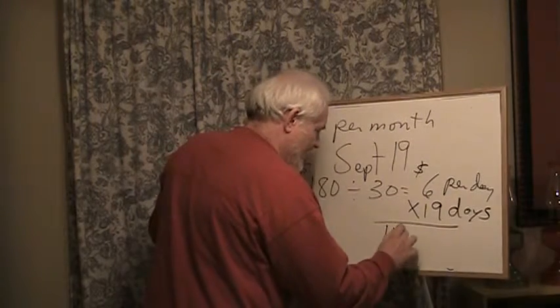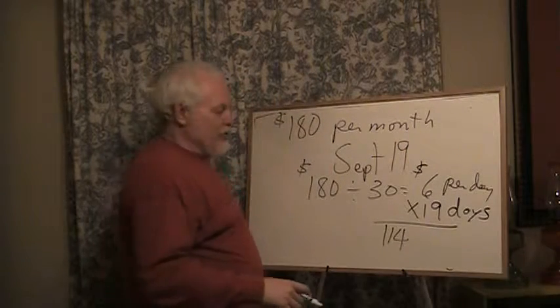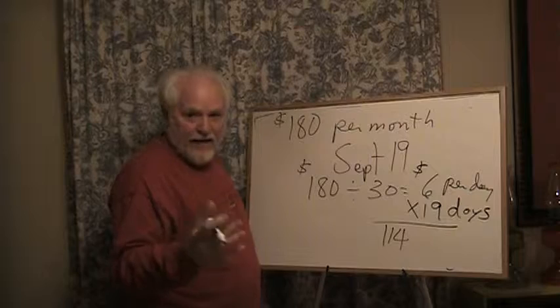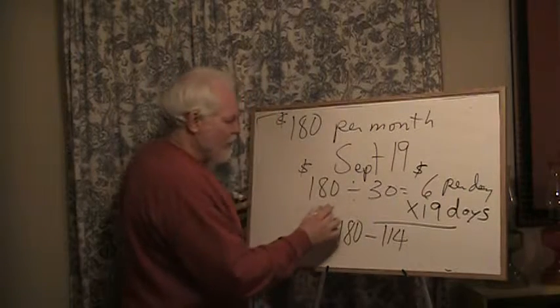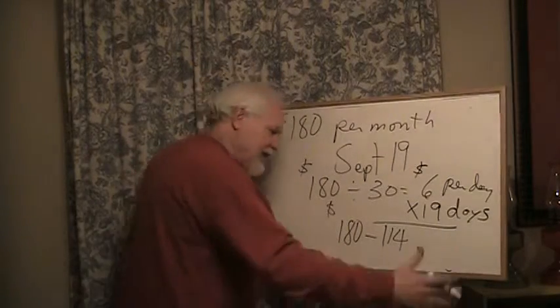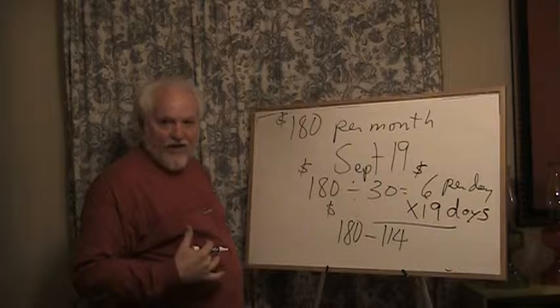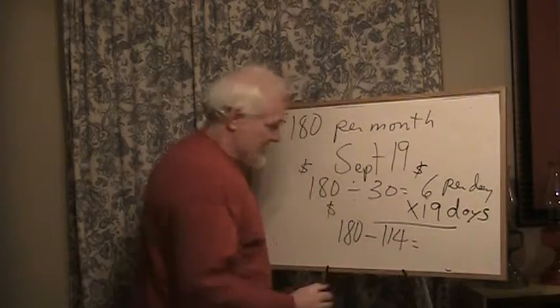So Mr. Seller has used up $114 worth of the HOA dues. He has paid $180 because he paid it in advance. He's going to be looking for Mr. Buyer to give him the rest of that money back at the closing on the 19th.